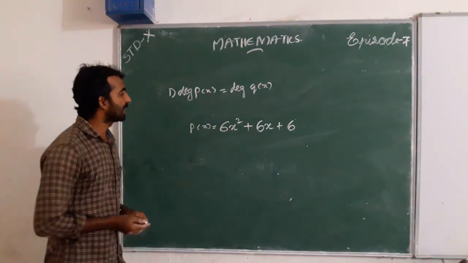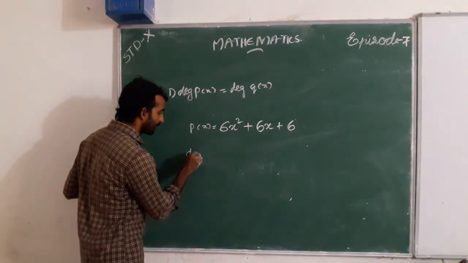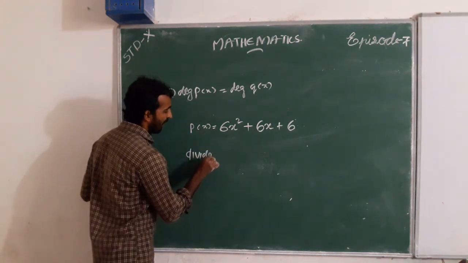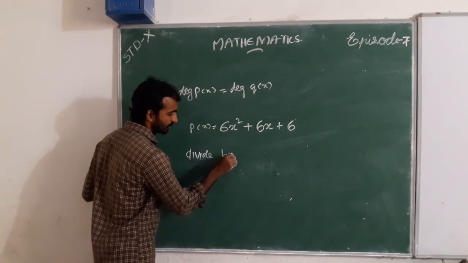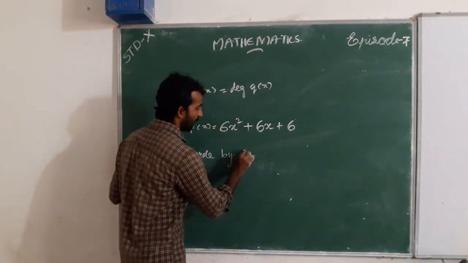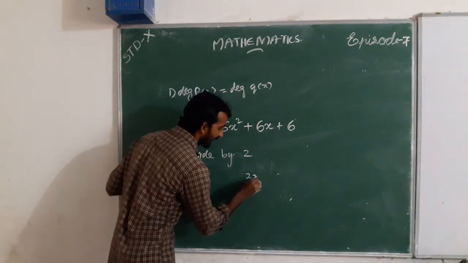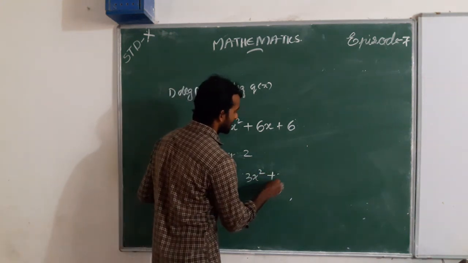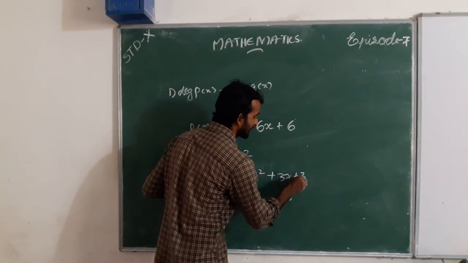When we divide by 2, we get 3x square plus 3x plus 3.